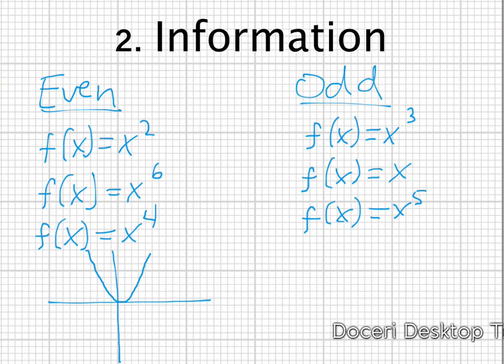Here is y equals x to the 6th. And y equals x to the 4th actually goes between them. They almost look like parabolas, and actually I should make it more bowed.